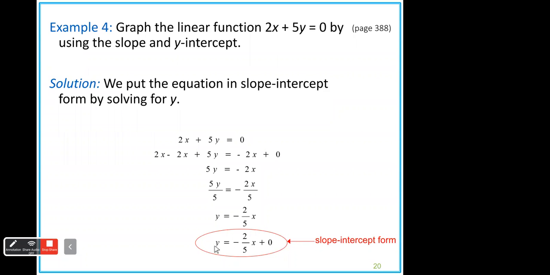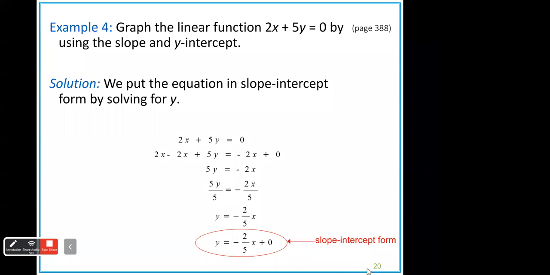So when you simplify the equation, this is what we got: y equals minus 2x over 5. But in order for you to get the y-intercept, we have to add the 0 here. So it means that the line is going to pass through 0, and then you're going to move down 2 and across 5, because this is a negative slope.